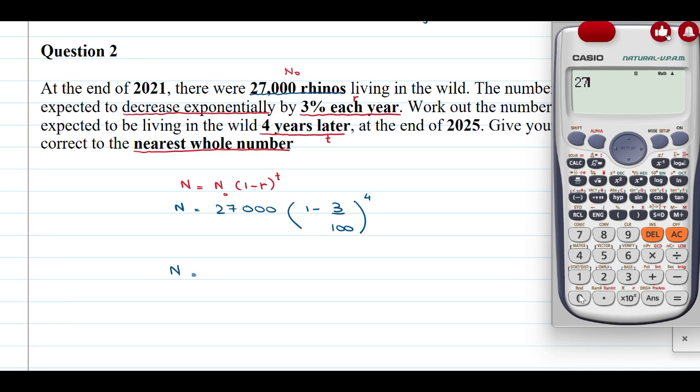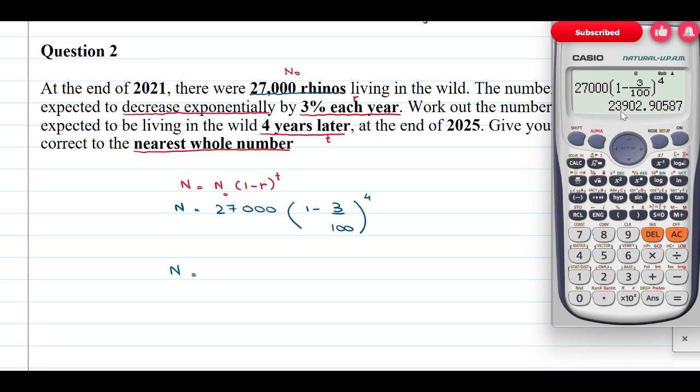So 27,000 times 1 minus 3 over 100 in brackets, to the power 4, is 23,902.9, and we need to give the answer correct to the nearest whole number.